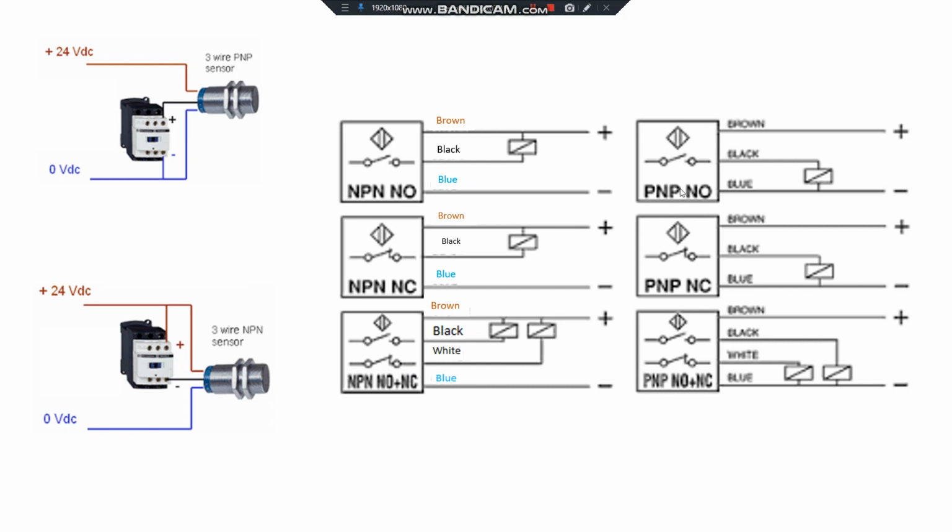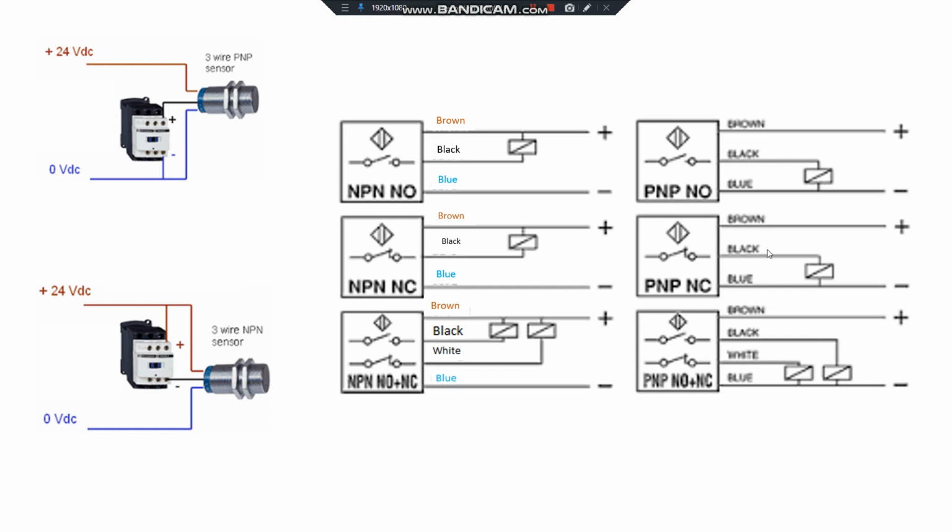For the PNP sensor, the stable cable is the 0 volt cable for the contactor, and the changing conditions are on the black cable. When this sensor is activated, it will send 24 volt to the black cable, and this contactor is activated.